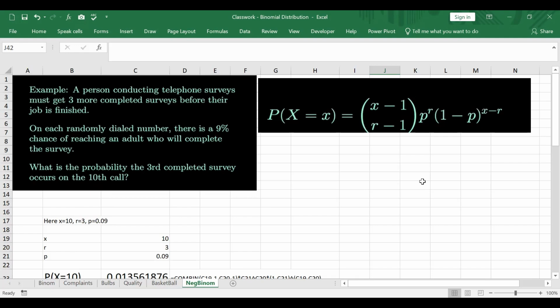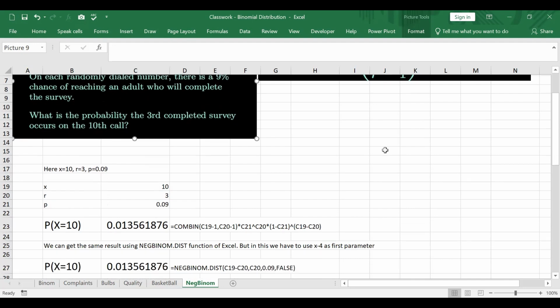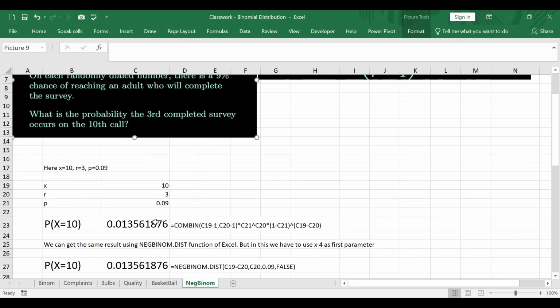This is the negative binomial distribution formula, where x in this case is 10 because we are talking about the 10th call, and we are talking about the third success. So r is the number of successes, and p is the probability, 9% or 0.09. You can directly put it in the formula.